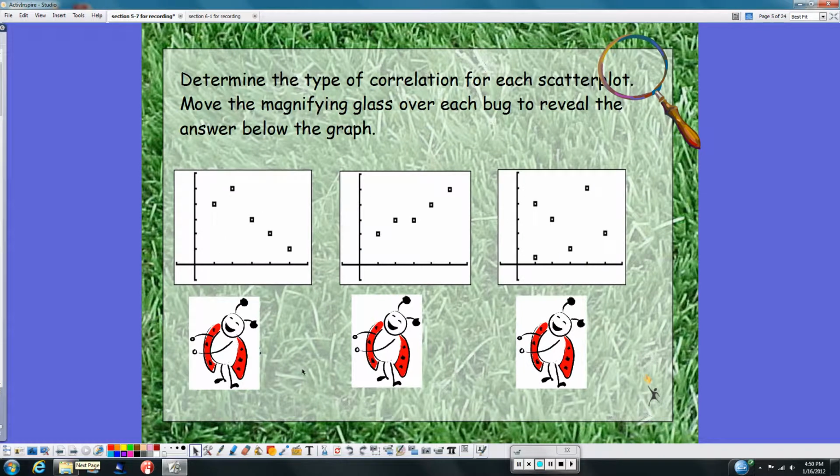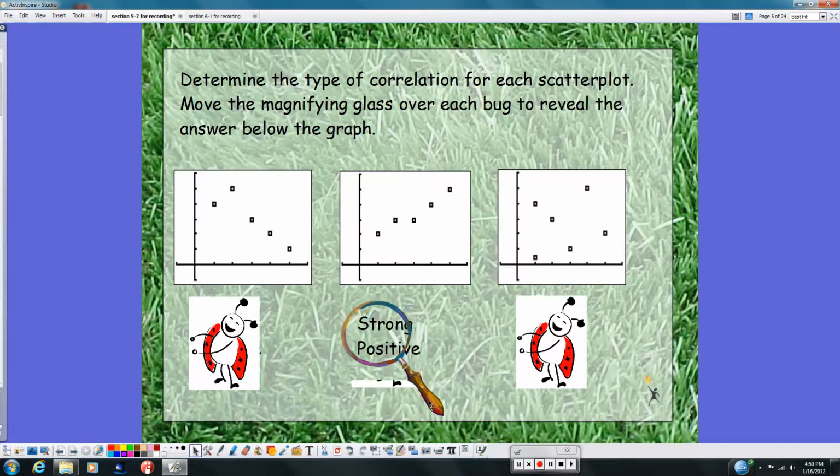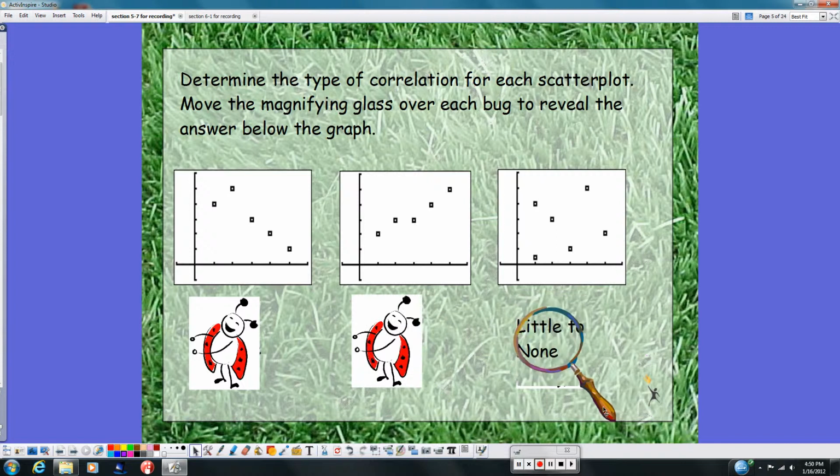So let's take a look here. What type of correlation do you think this first one has? This one has negative correlation. How about the second one? Good, positive correlation. And how about this last one? This one has no correlation.